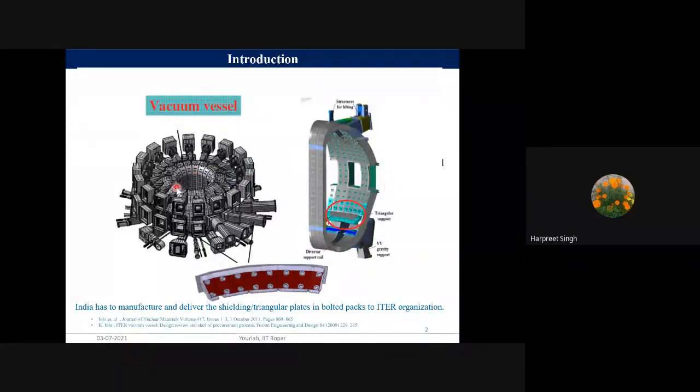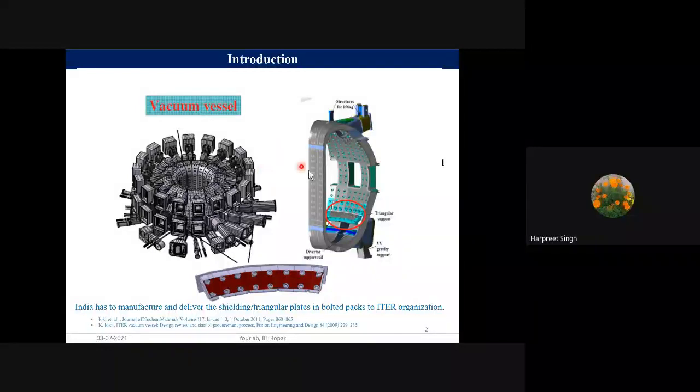This is a photograph of our vacuum vessel. So the plasma will be here. But the work we have been given in this project, of course, so many aspects are there, including physics, chemistry, mechanical engineering, electrical engineering, and so on.